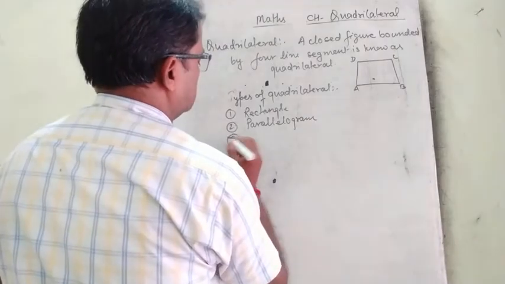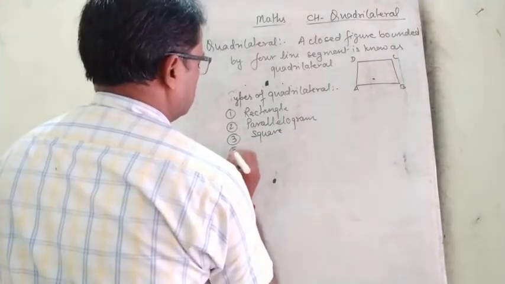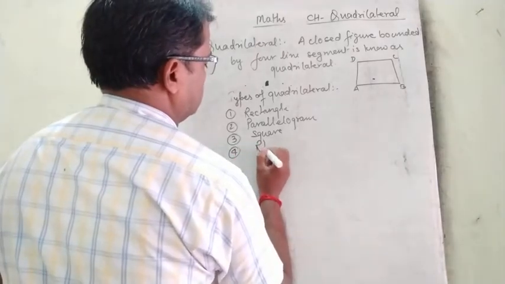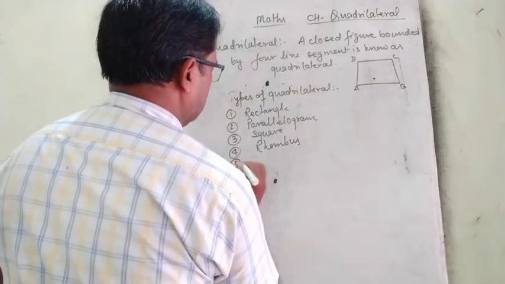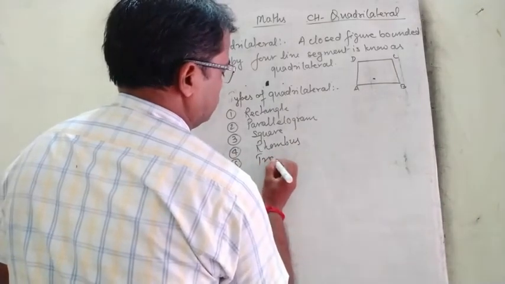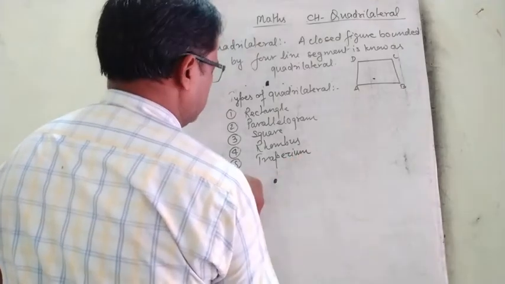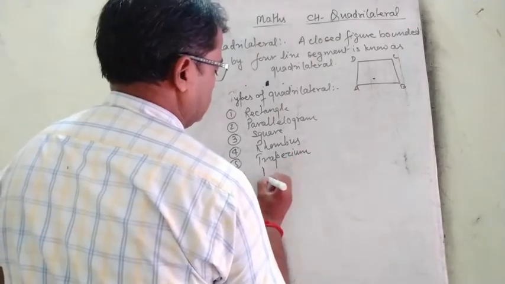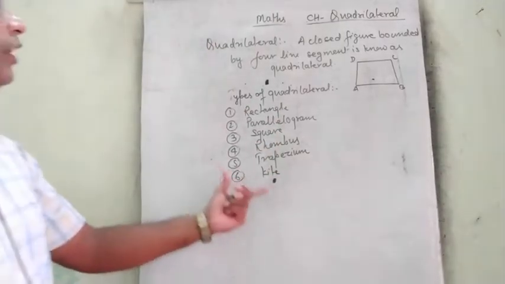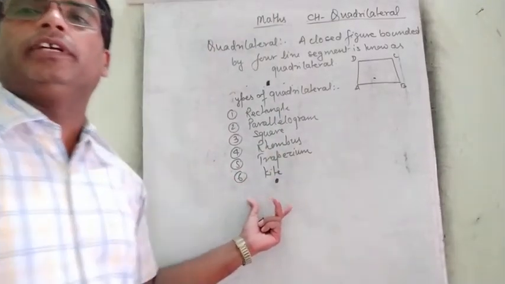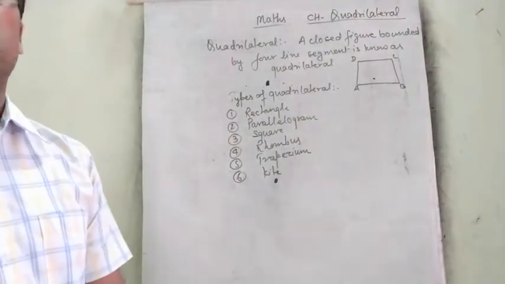Third, square. Fourth, rhombus. Fifth, trapezium. Sixth, kite. All these figures are made by four line segments. That's why they are known as quadrilaterals.